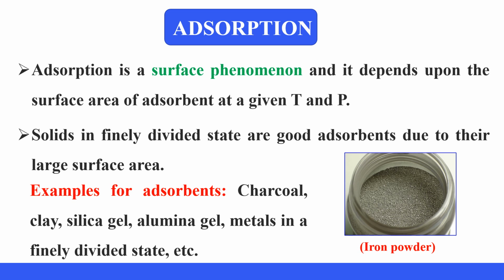Let us see a few examples of adsorbents: charcoal, clay powder, silica gel, alumina gel, finely divided metal powder. For example, you can see in this picture iron powder. They all act as good adsorbents due to their large surface area.